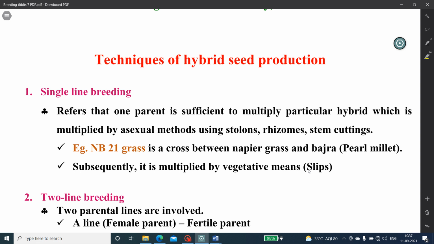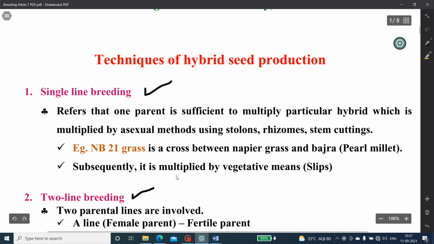One is single line breeding, as well as two line breeding. In this presentation, I will be concentrating only on these two aspects, and three line breeding will be dealt with in the next video.